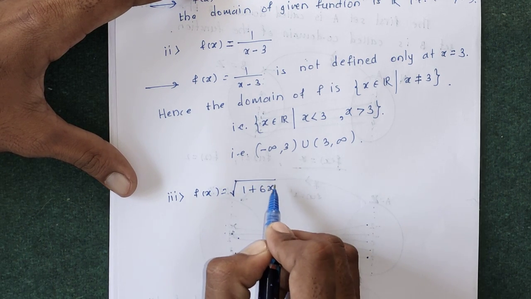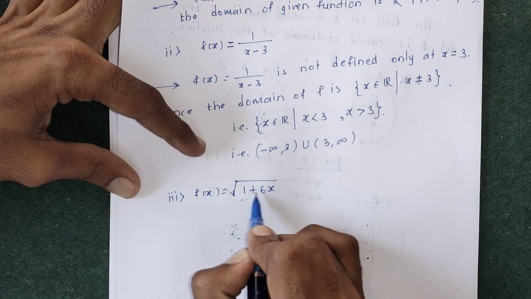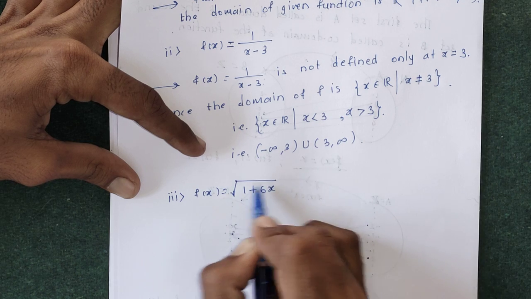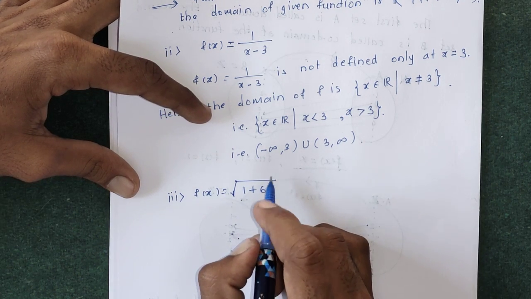This function is not defined if the value under the root, here 1 plus 6x, is a negative number.